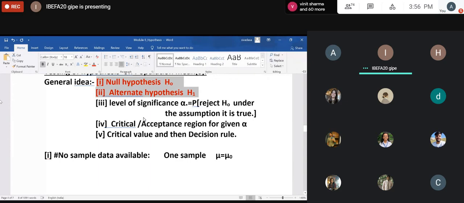For example, Vaishali restaurant on Ferguson Road. The manager says 40% of the customers coming to the restaurant are South Indians. What is the null hypothesis?